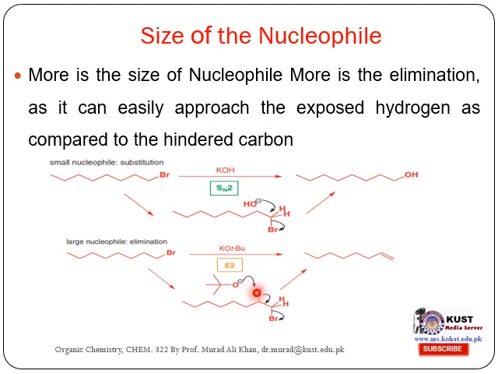So it takes the proton with itself, and the bromine is liberated, and we get an elimination product. So the size of the nucleophile determines the course of a reaction. A smaller nucleophile will favor the substitution reaction, but a bigger or bulky nucleophile will favor the elimination reaction.